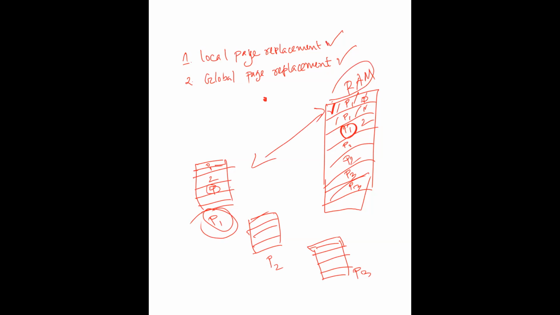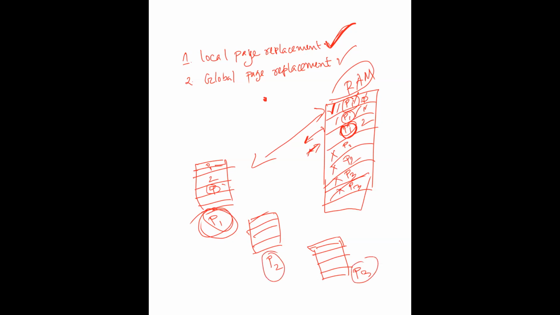In local page replacement algorithms, it can replace only using its own frames. So when P1 needs to replace a page, it will replace within these three frames, because these three frames are allocated for process P1. It never touches other processes' frames. This frame, this frame, this frame, it cannot touch, because they are allocated for processes P2 and P3.